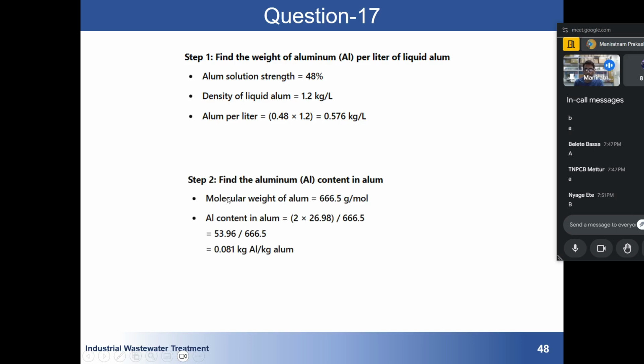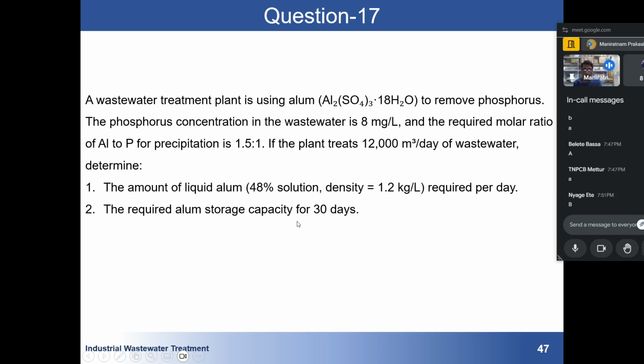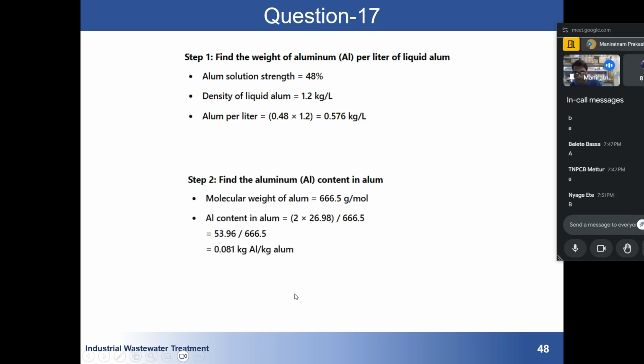Now for aluminum content, we know the molecular weight of alum is this much. From here you can see that each mole of alum contains 2 moles of aluminum. So the aluminum content will be 2 into 27, the atomic weight, though here it is written as 26.98, you can consider 27, divided by 666.